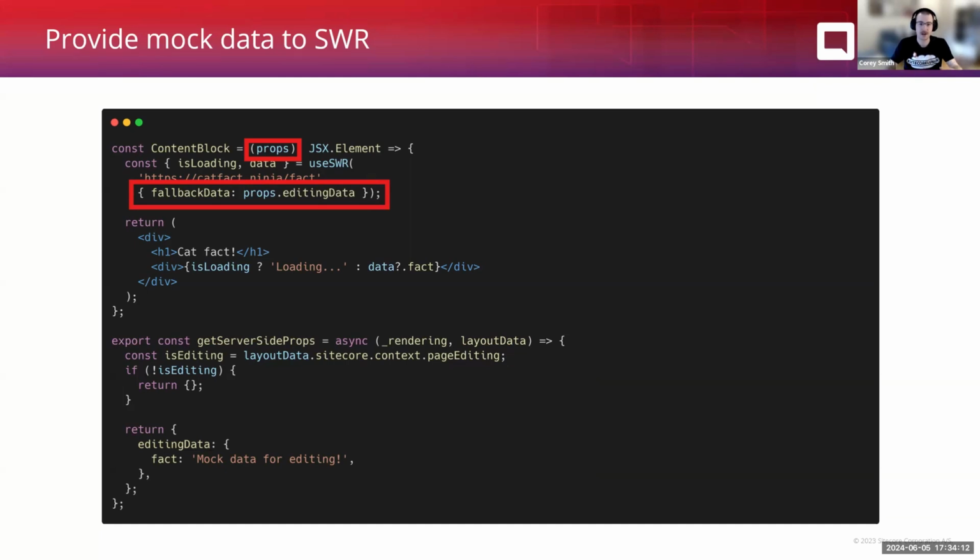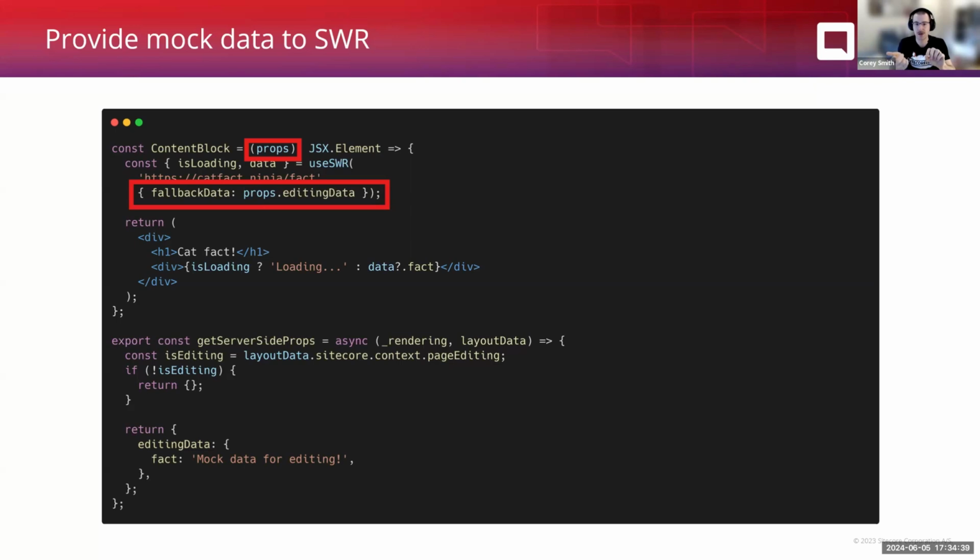So what we're doing here is telling SWR, use this editing data as fallback data. While SWR is executing the API call and that API call is loading, it'll return your fallback data instead. So this is a really nice way to provide mock data, but you've still got a problem. It's only going to return this data while the API call is executing.